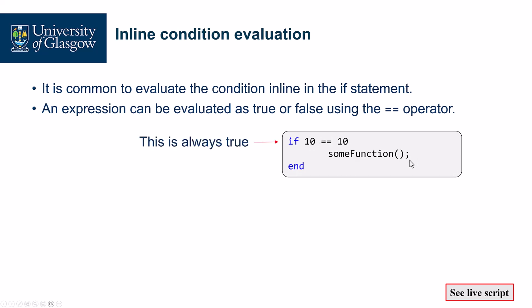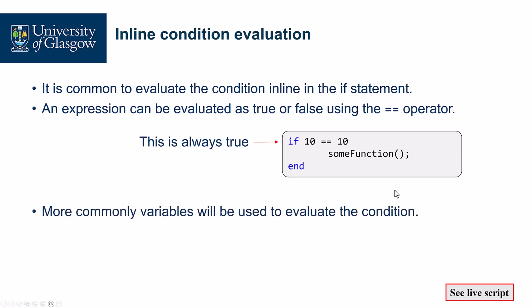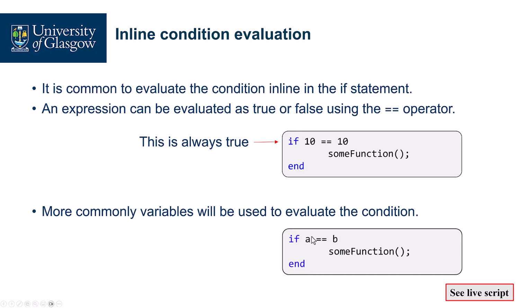So we execute some functions. But normally we will compare variables to evaluate the conditions. For example, if A equals B, to judge it, if it's true, then we execute some functions. So this will execute only if A is equal to B, right?